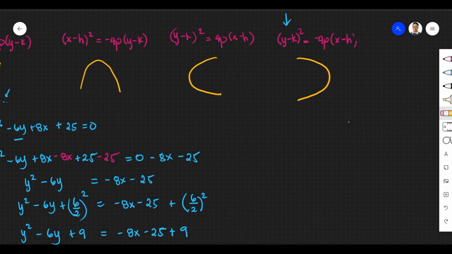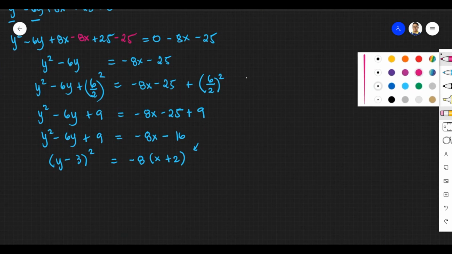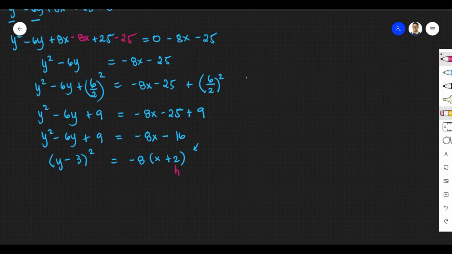My bad. It follows that our h is this term here and our k is this term here. Then the vertex of the parabola that we are going to be graphing later on will be negative 2, 3.